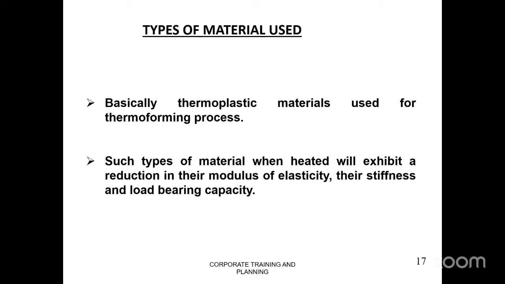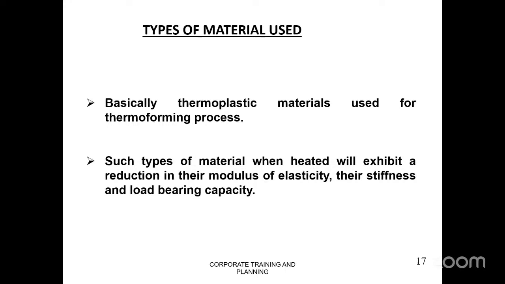But before that, I told you yesterday about the types of mold and the material of construction of a mold for thermoforming application. There are different types of materials that we have seen yesterday.